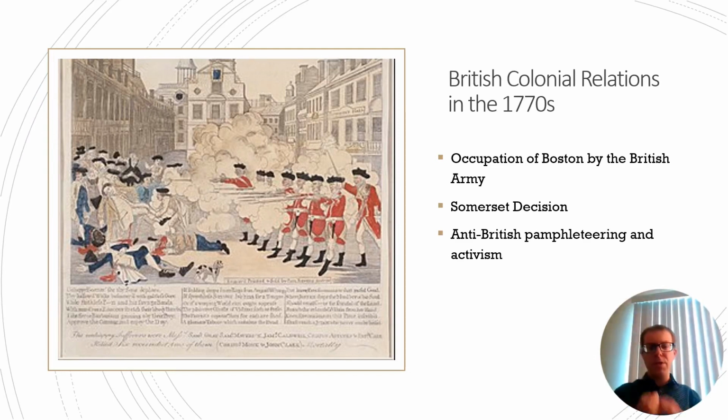However, tensions between the British and the American colonists continue, and a variety of different acts are passed to again try to raise taxes on American colonists, because the British government is trying to replace its depleted revenue from the Seven Years' War.